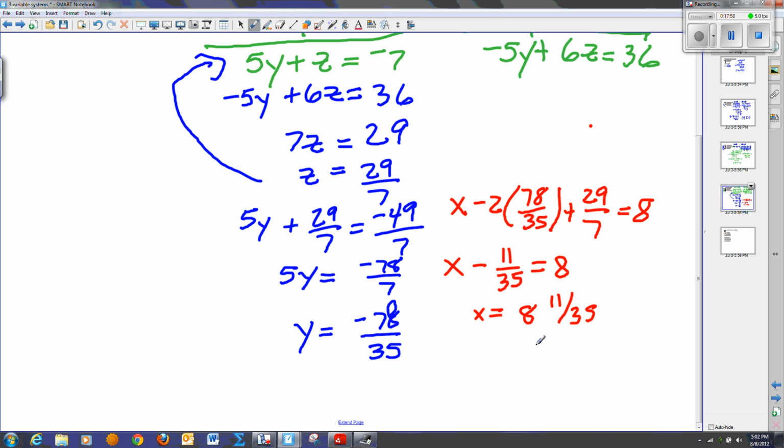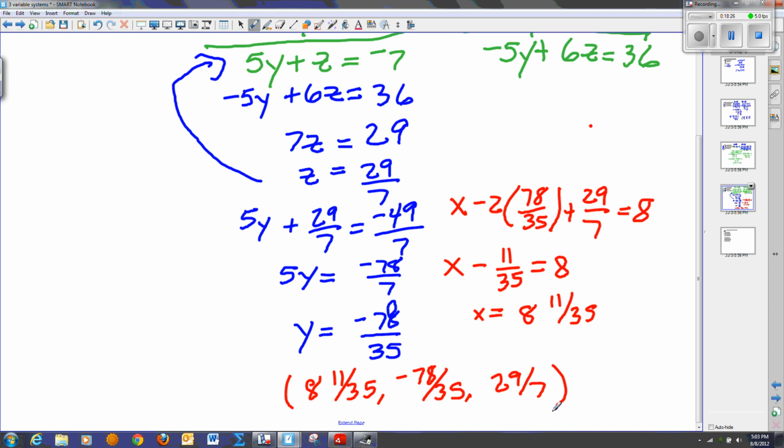And now I can just pull out my ordered triple of 8 and 11 35ths, negative 78 over 35, and 29 over 7 for my z value.